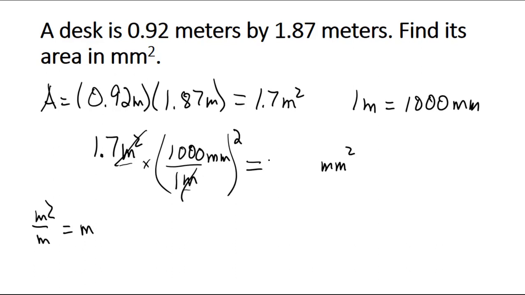Okay. Well, if we multiply all of that stuff out, we get a fairly big number there. We'll actually end up with 1.7 times 10 to the 6th millimeters squared. And because I've got my calculator set to be in scientific notation, it automatically gave me that 10 to the 6th millimeters squared there.